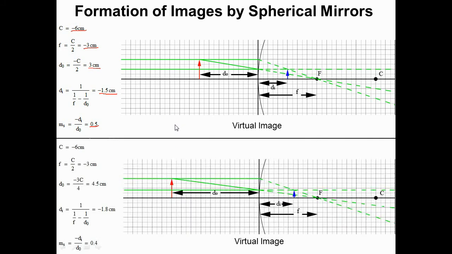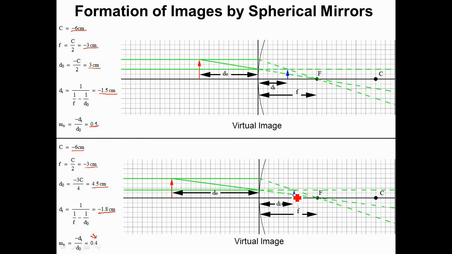Let's look at what happens if I go even further. -6 for the center, -3 for the focal point. I've moved my object out even further, and notice that my object distance is getting further, and my magnification's gone to about 0.4.